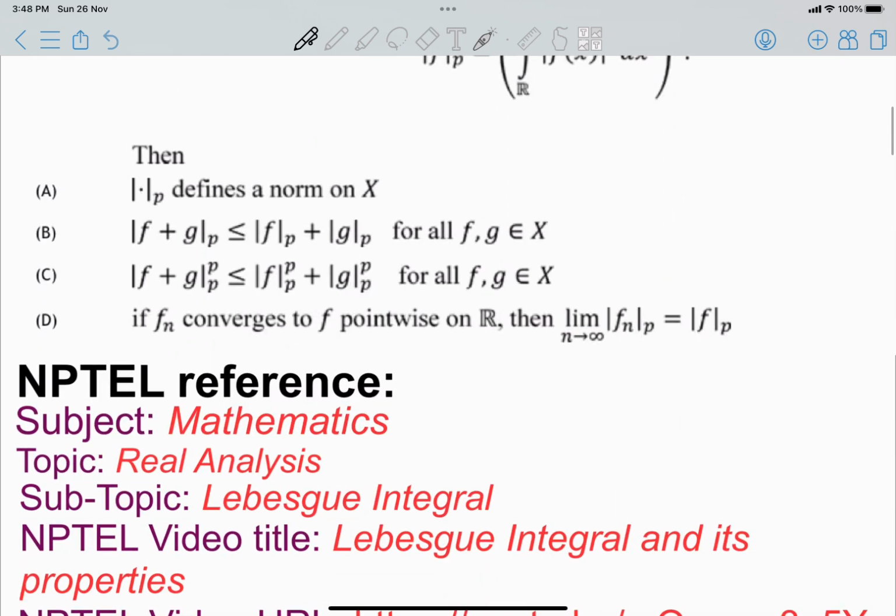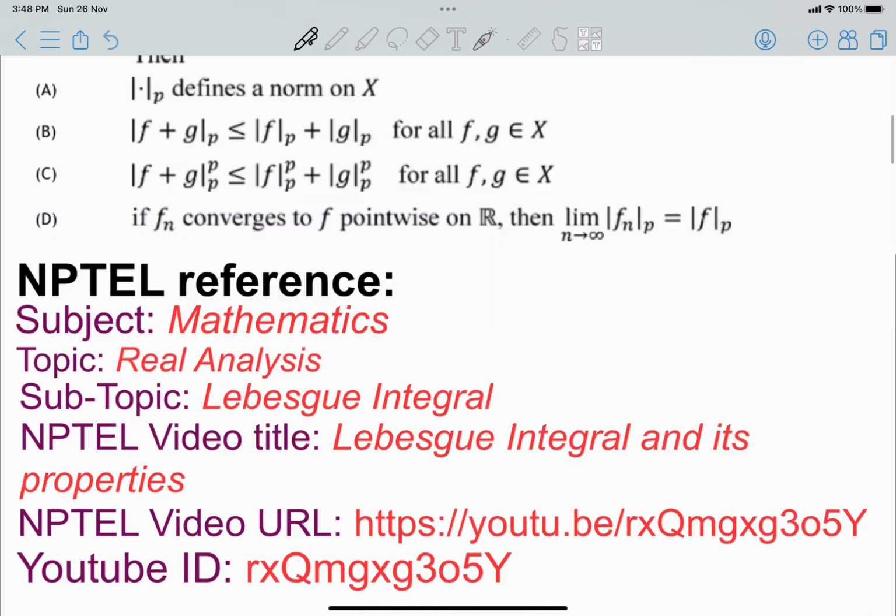And what is option C? You have to check that ||f plus g||_p whole to the power p is less than or equal to ||f||_p to the power p plus ||g||_p to the power p.